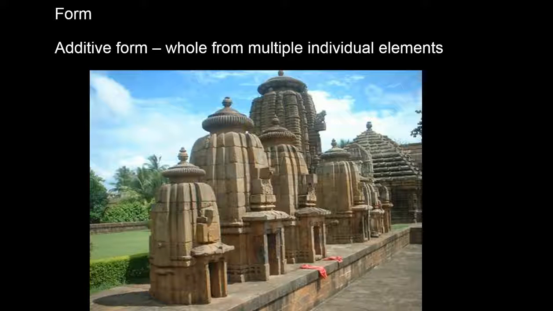So this is the picture view of that same temple that we saw earlier. It has a linear form, but it's also considered an additive form in that the overall composition is made up of lots of pieces that are brought together in that line. Okay? And so a lot of times when you guys are analyzing something, it's going to be using more than one of these criteria.